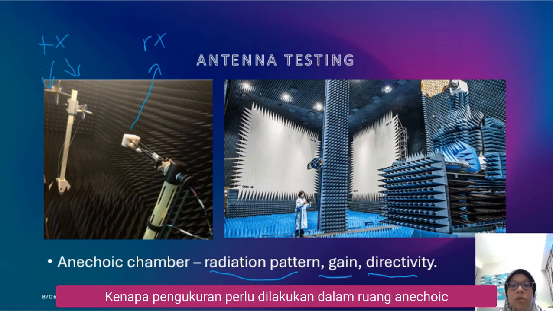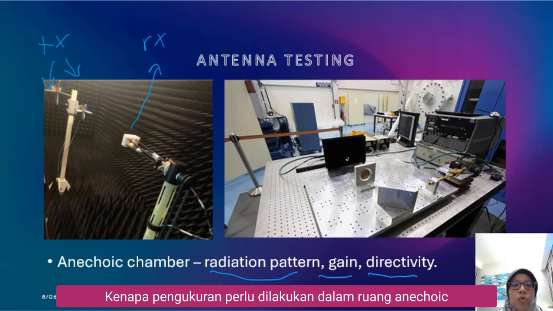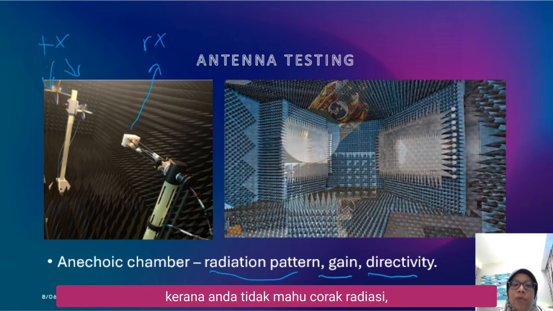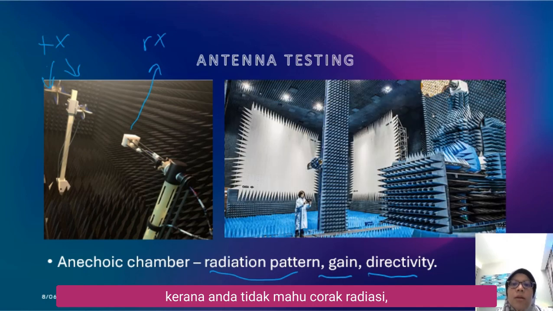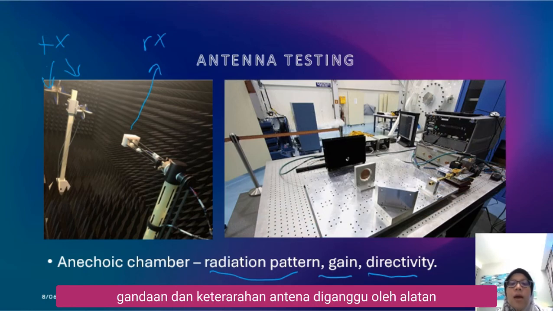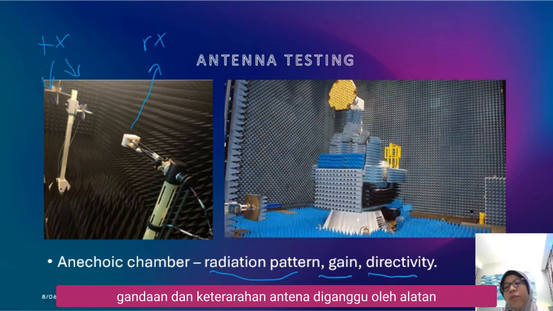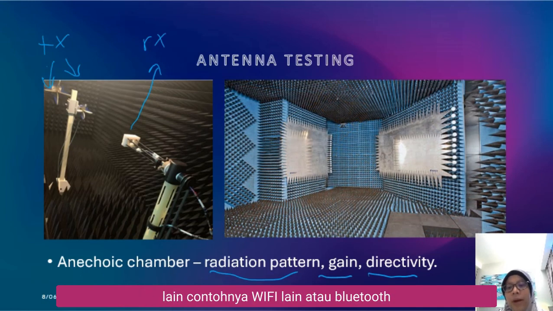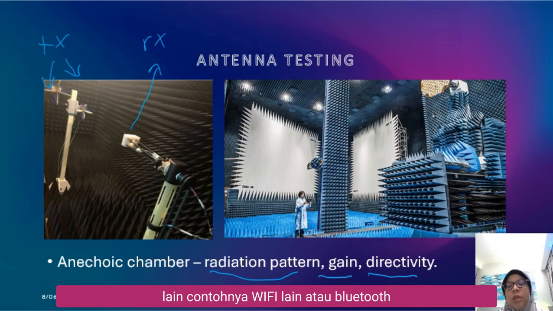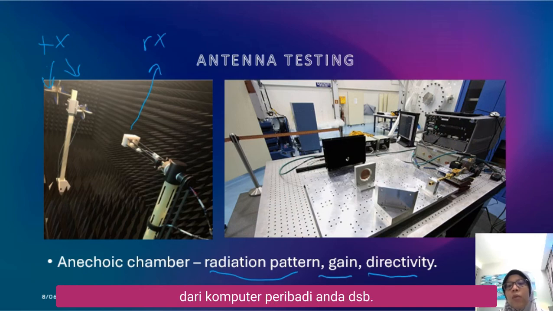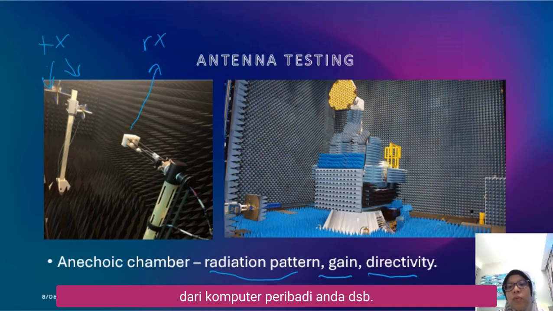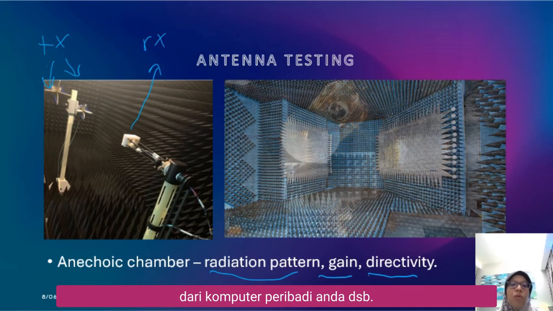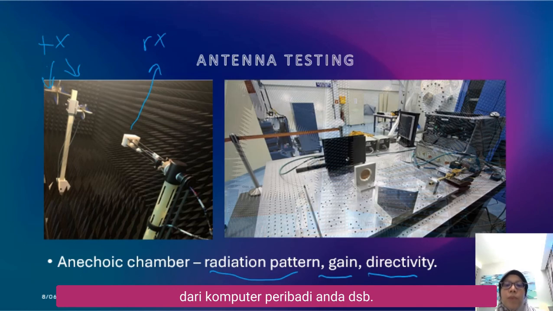Why you need to use an anechoic chamber is because you want the radiation pattern, gain, and directivity of your antenna to not be interfered with by other interference, for example from other devices, such as if you have another Wi-Fi or Bluetooth from your laptop, so you don't want other equipment to interfere with the result of your radiation pattern.